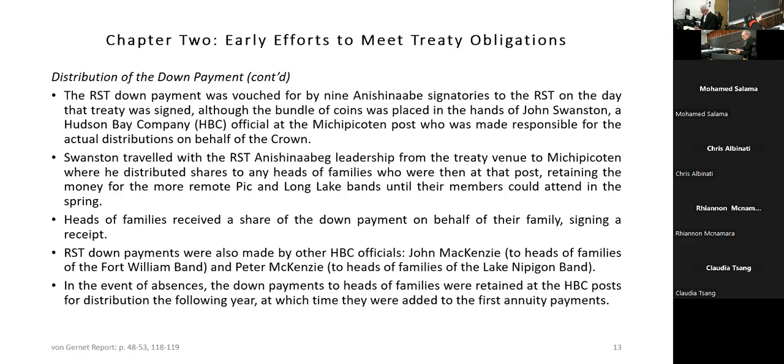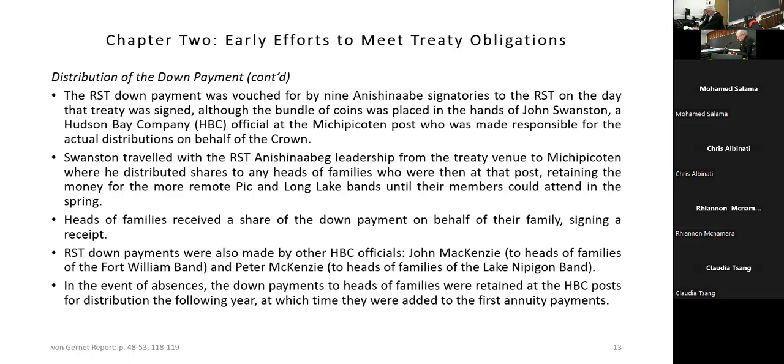And so he took the money and he then ended up distributing it on behalf of the Crown. He was accompanied by the RST Anishinaabe leadership on the same boat.